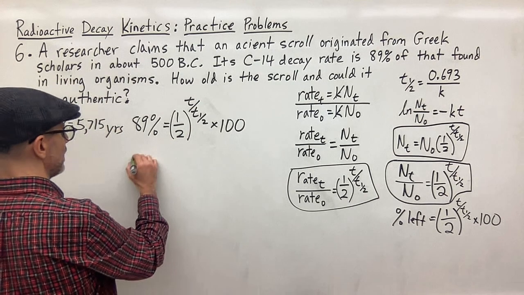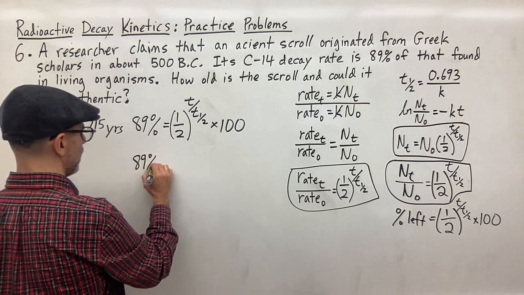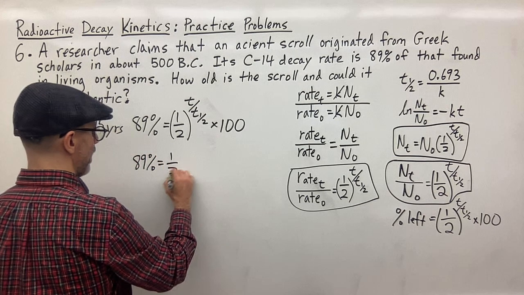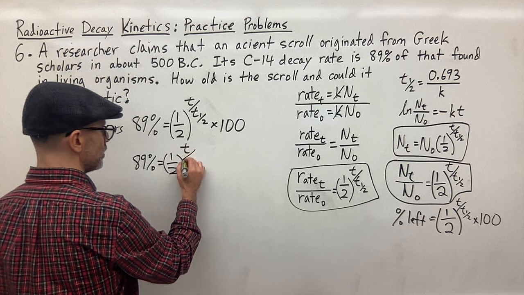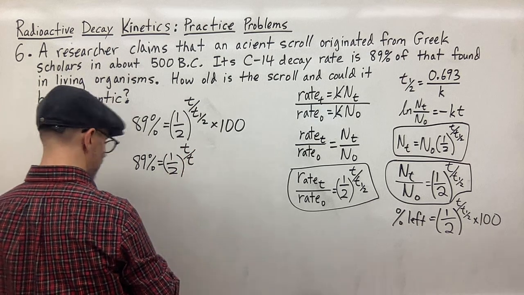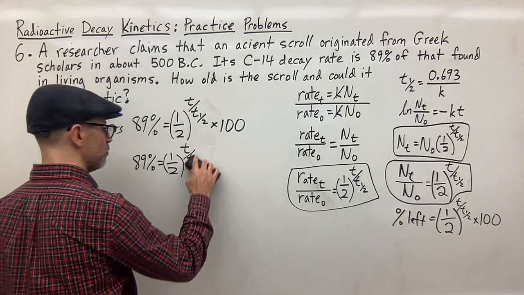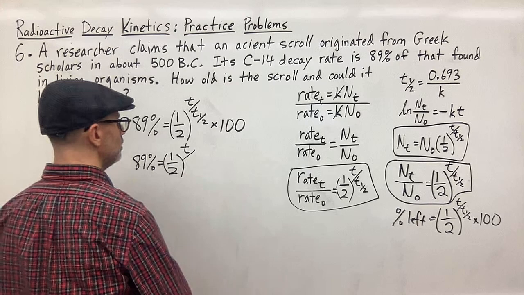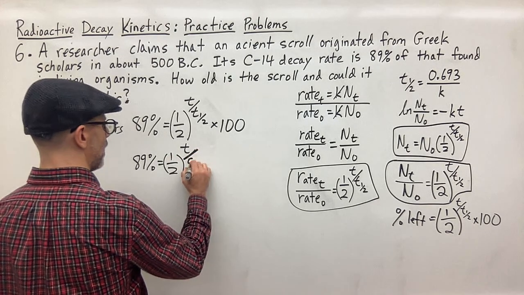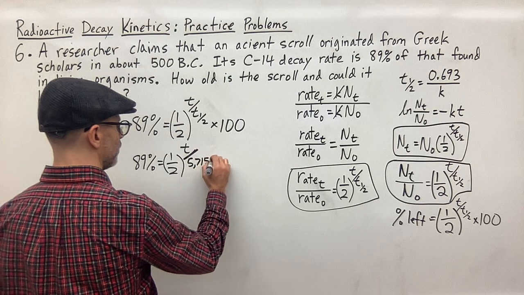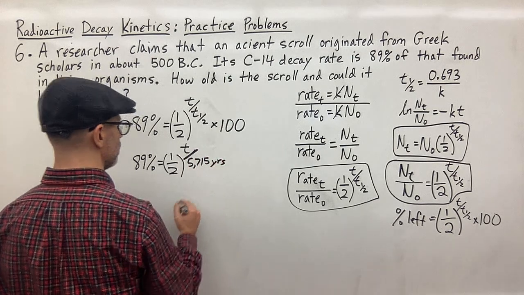So then that's going to be 89% is equal to 1/2 raised to the power of t over the half-life, 5,715 years.